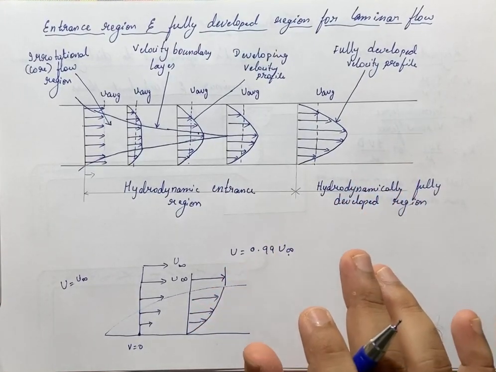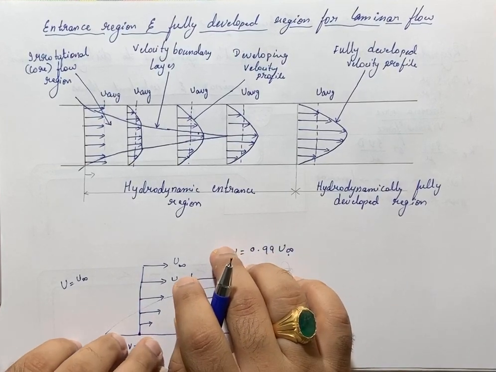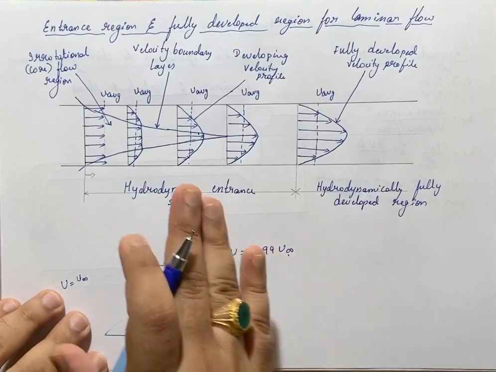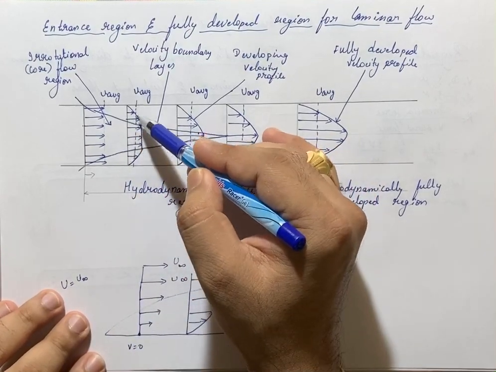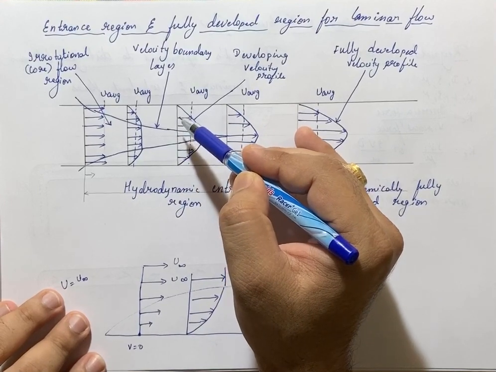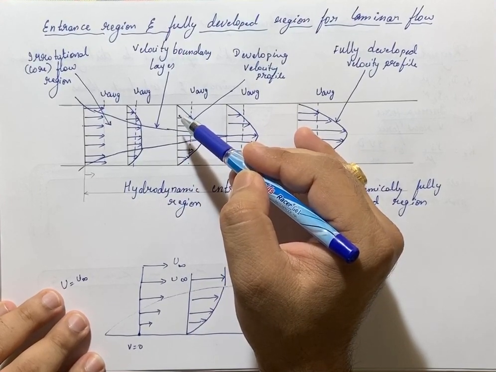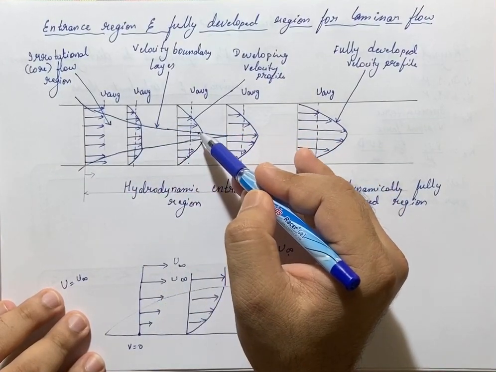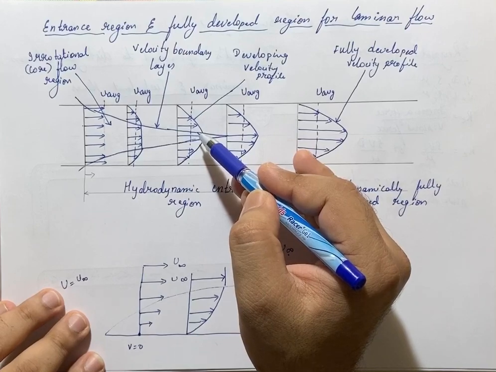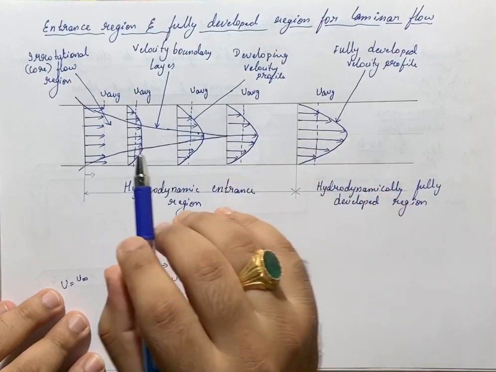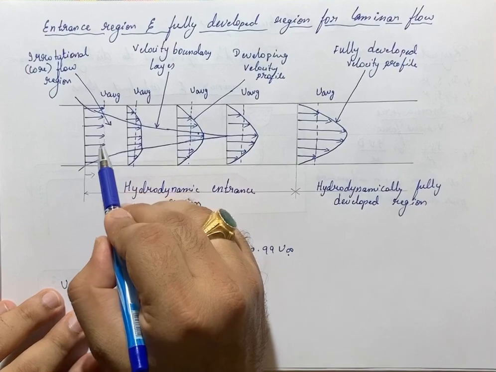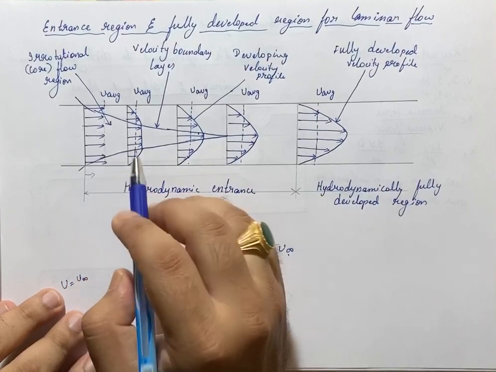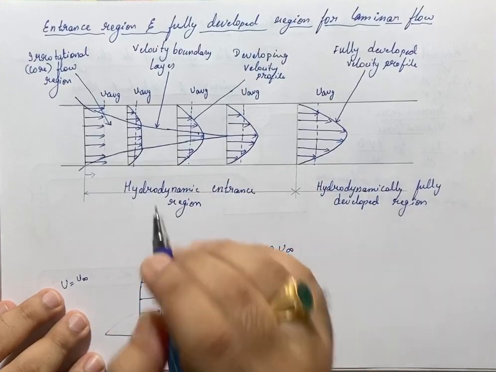Right? Now what we have done, we have taken the imaginary boundary surface which divides the pipe into regions. This is the boundary layer region, where the viscous effect and velocity changes are significant. And one more region is the irrotational flow region, that is this region, where the frictional effects are negligible and velocity remains constant here.